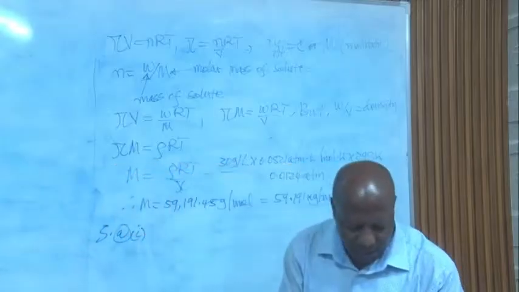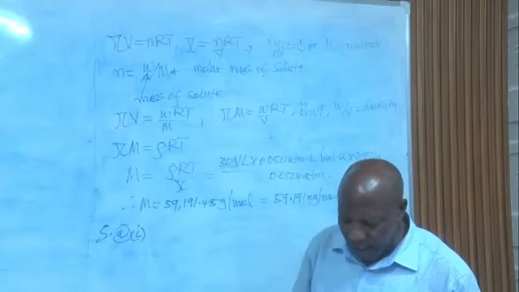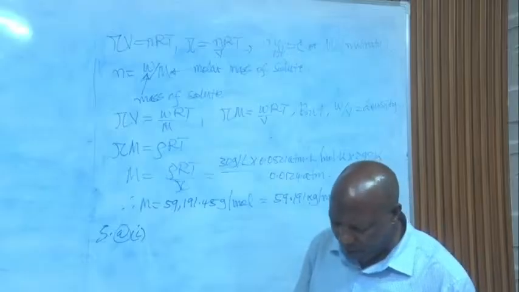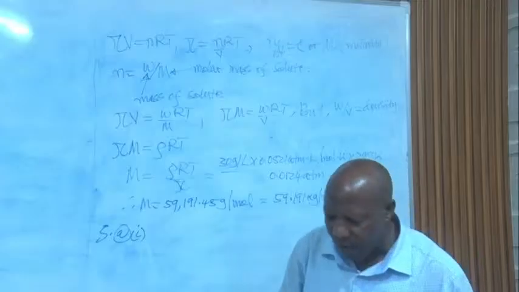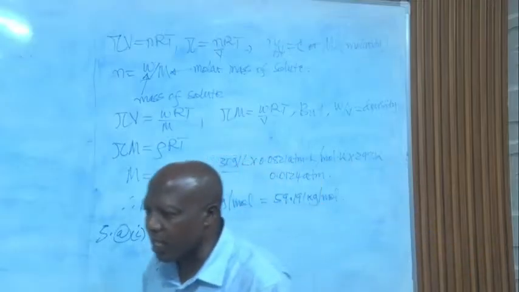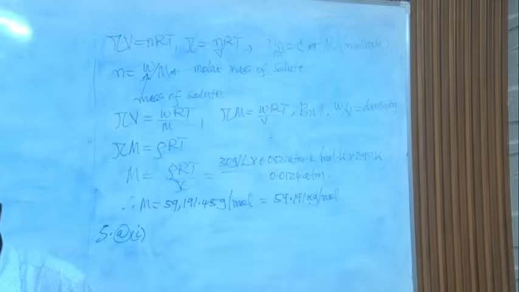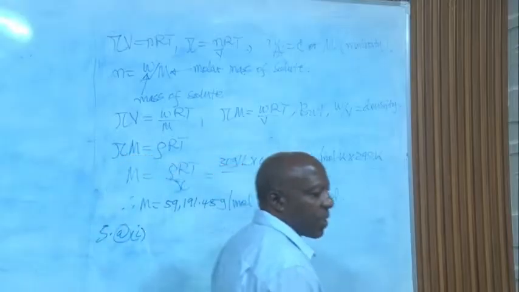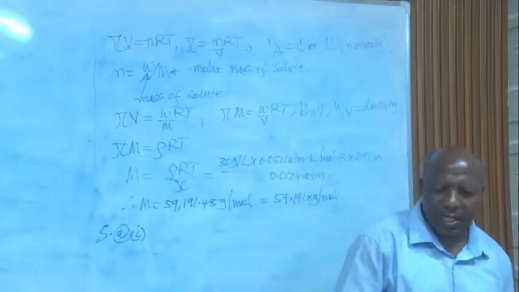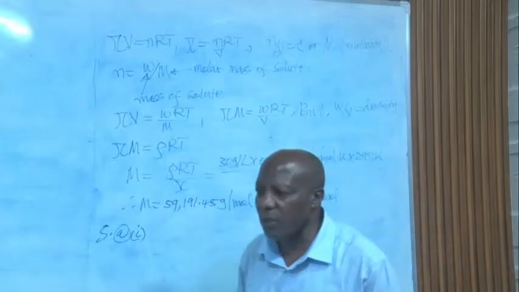The question says, why is it important to consider the specific heat capacity of materials when designing thermal insulation for buildings, materials, or vessels? When engineers are designing building materials or vessels, why is it necessary to consider the specific heat capacities of the materials to be used?